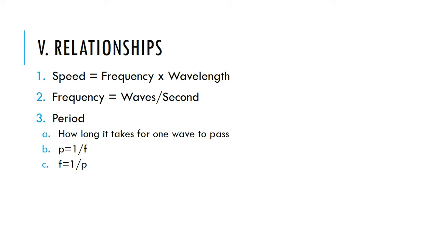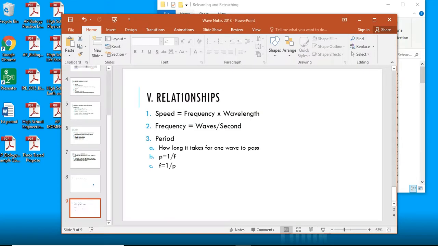Am I given the waves and seconds that pass by, which some of the times I did? Sometimes I gave you wavelength and speed, then you need to use that first equation. But if I give you period, then you need to use the last one. So all of those are different ways to get the frequency, but you have to see, what did I give you? What information do you have?